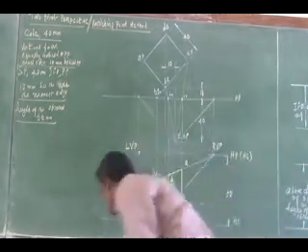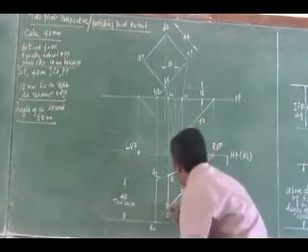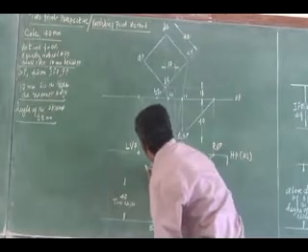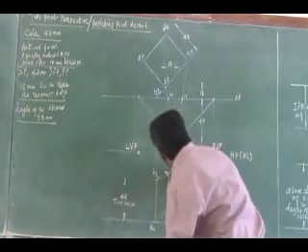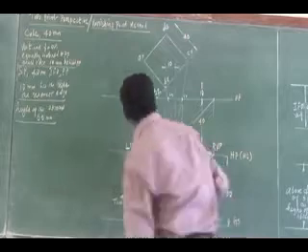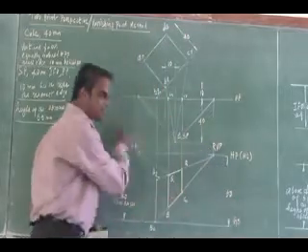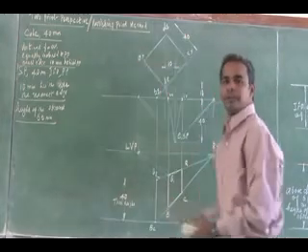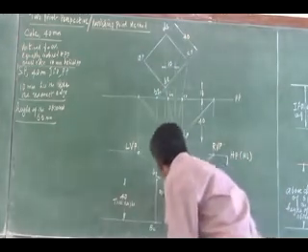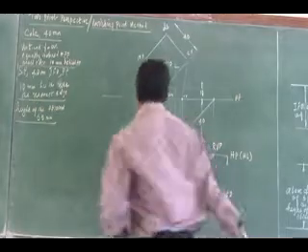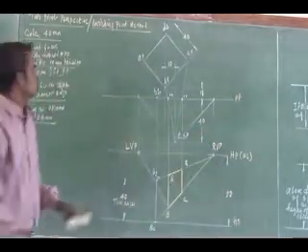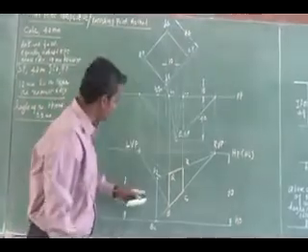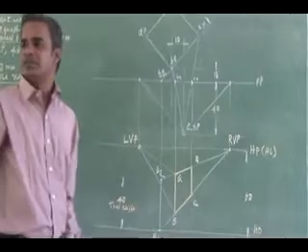So by joining this to the left vanishing point, this is the vanishing line for the face BQAP. So I can get the perspective intercept of AP, and I can project it. I can get the AP perspective here.